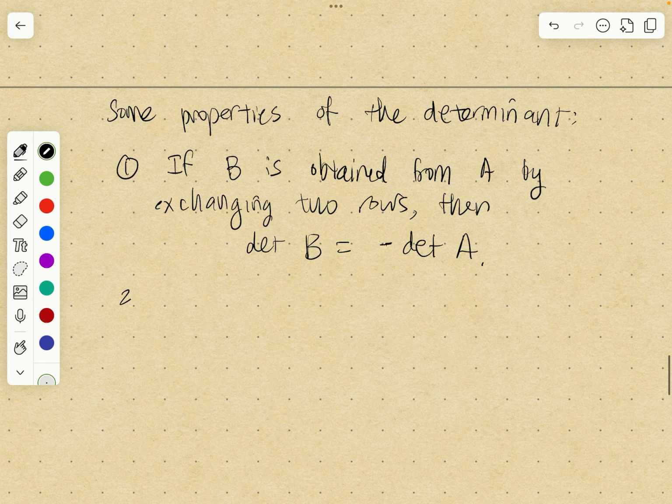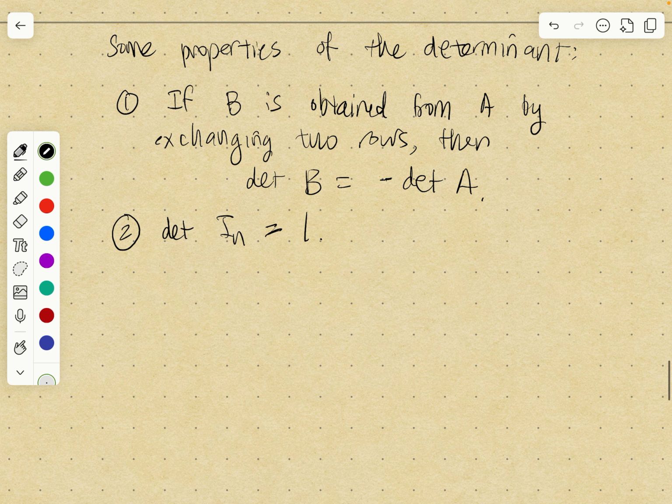Okay, and then another property is that the determinant of the identity matrix is 1. That's something that you can check directly from the definition, because if you have, let's just look at a 3 by 3 matrix for an example, right? If I have this, and I pick numbers from each row and column, so that they're all in different rows and columns, then the only way I can get something that's not 0 is if you took this one, and this one.